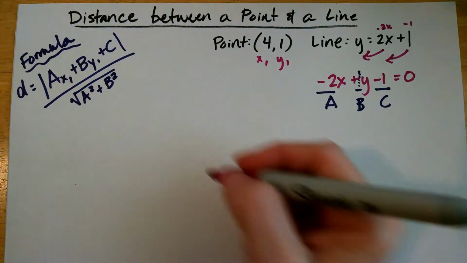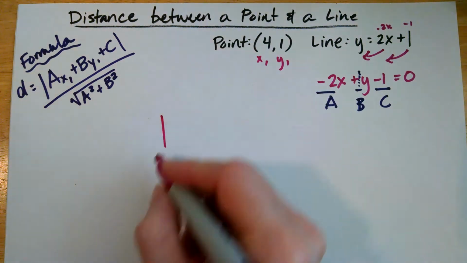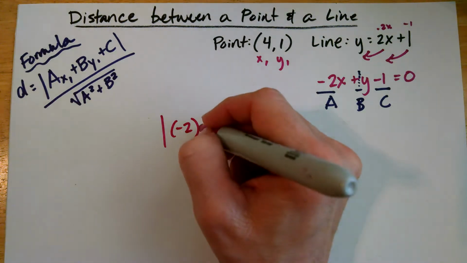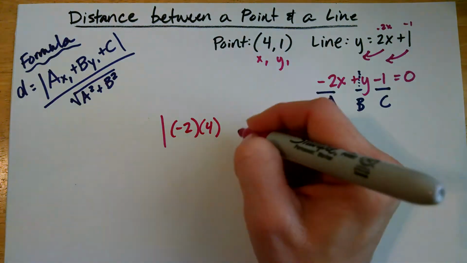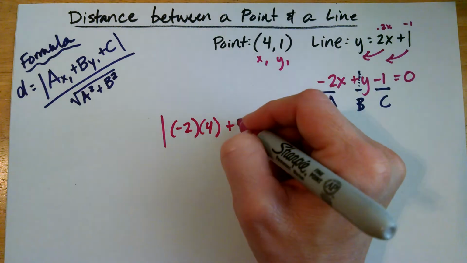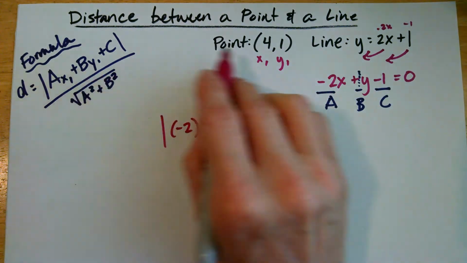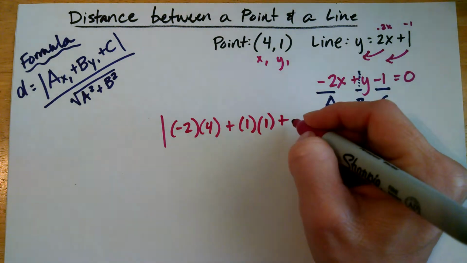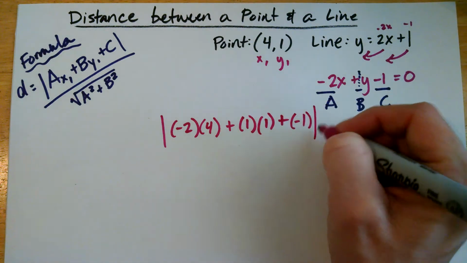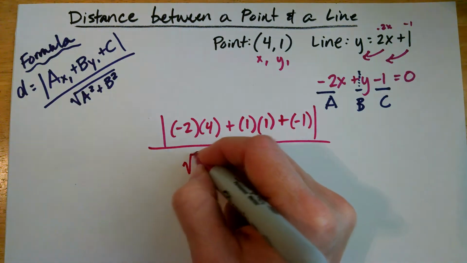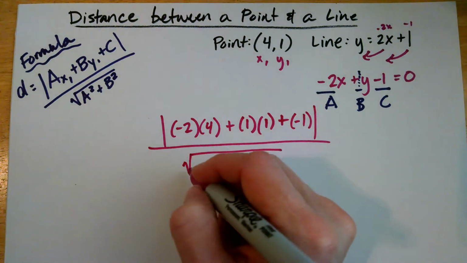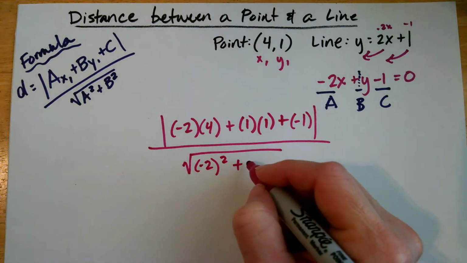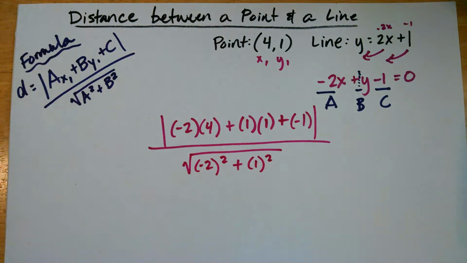So I'm going to plug everything in here. I've got the absolute value of my A, negative 2, times my x1, which is 4, plus my big B, 1, times my y1, which is 1, plus my C, which is negative 1, all over the square root of my A, negative 2 squared, plus my big B, which is 1 squared.